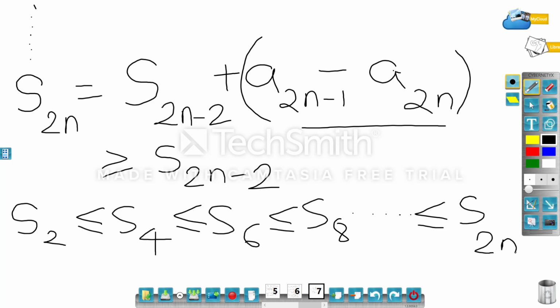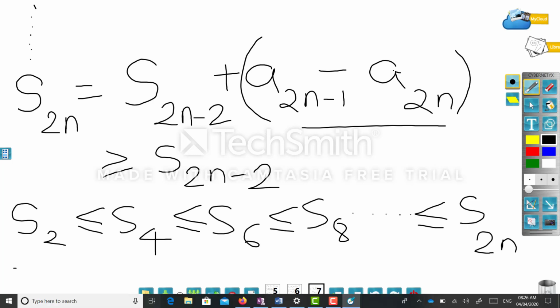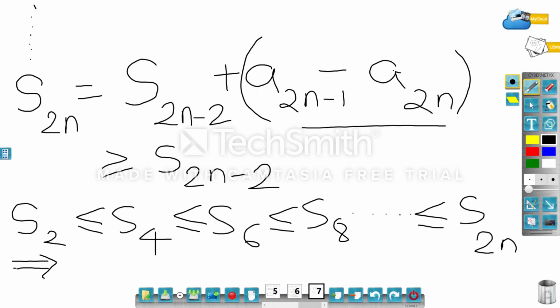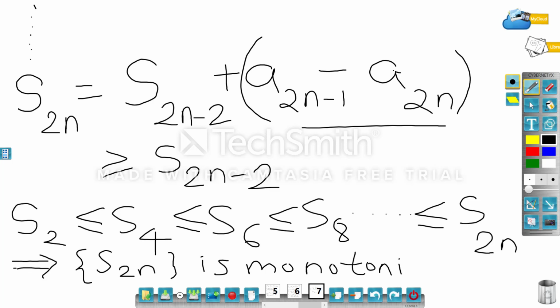So we will observe that the subsequence S of 2n is a monotonic increasing sequence.